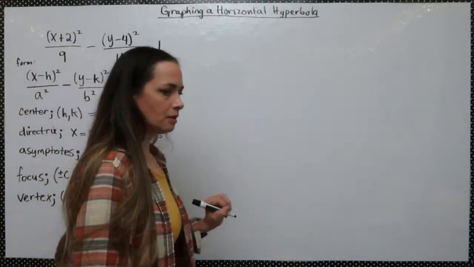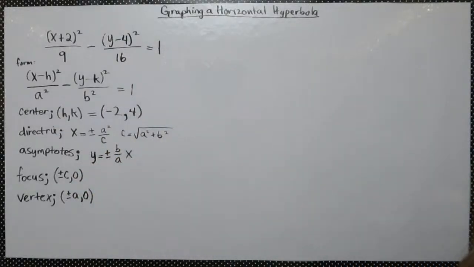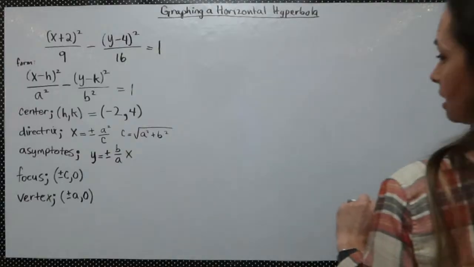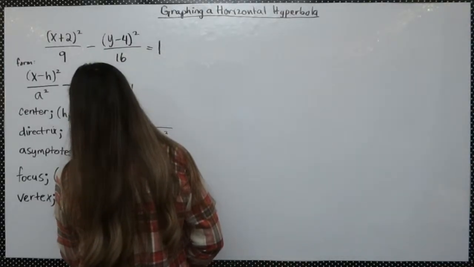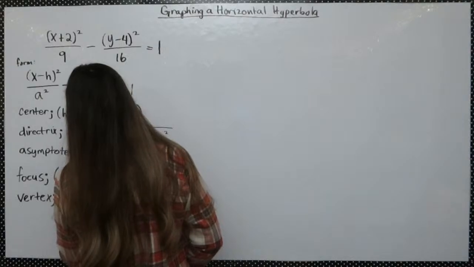Hang on, it's not going to be a, comma 0. I believe it's going to be a, comma k. So k, question mark, and when we look at the graph, we'll determine that.